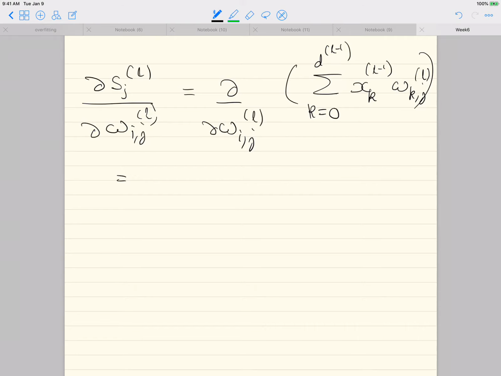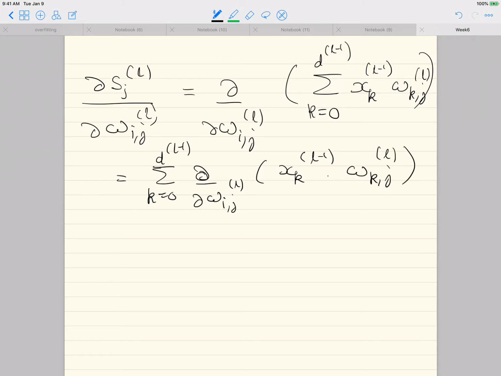We can do a term by term derivative. What is this going to simplify?